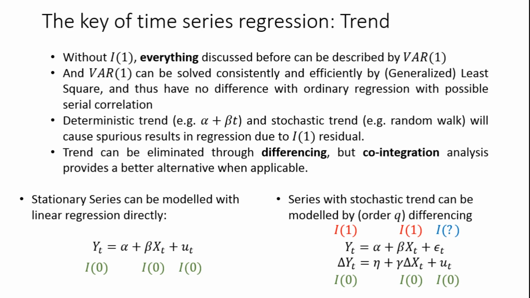So trend can be eliminated through differencing, but cointegration analysis provides a better alternative when applicable. Stationary series can be modeled with linear regression directly. Series with a stochastic trend can be modeled by order q differencing.